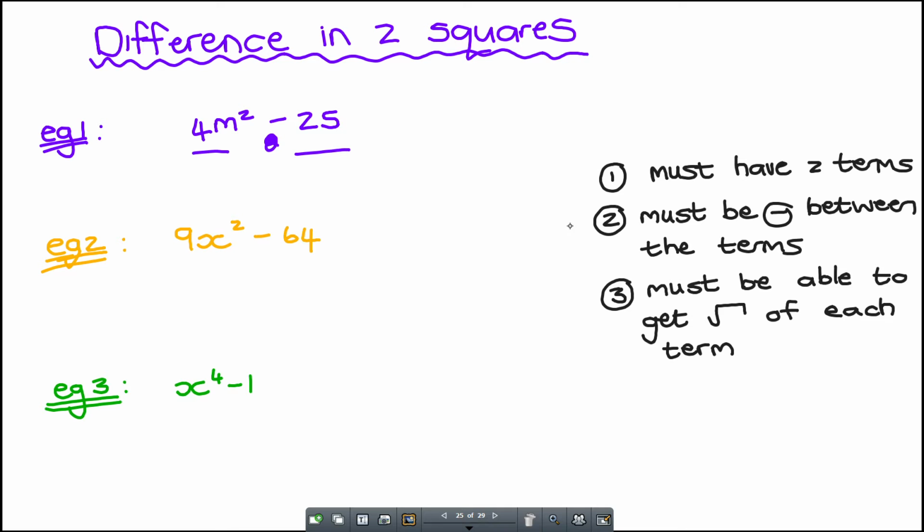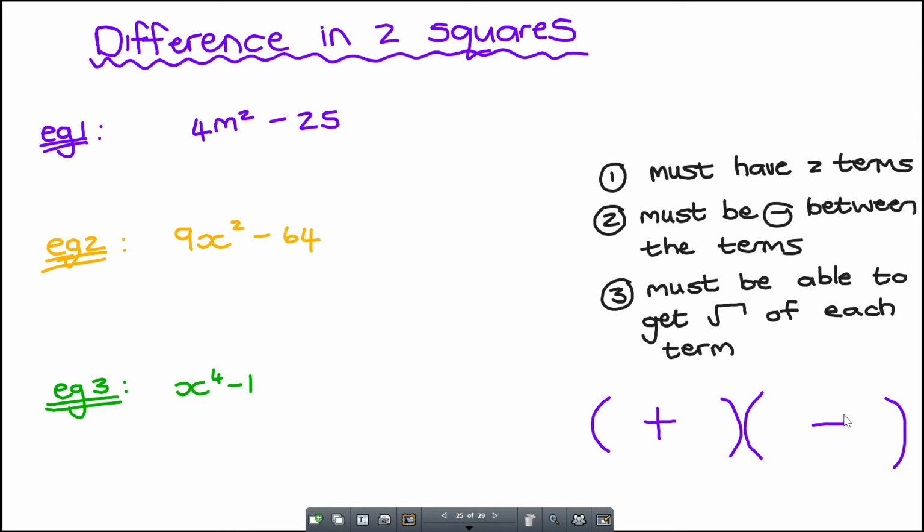Now, the third requirement is that I must be able to get the square root of each term. So then your answer will always look like this. You're going to have two brackets. The first bracket will have a plus, and the second bracket will have a minus. That's always going to be what it looks like.